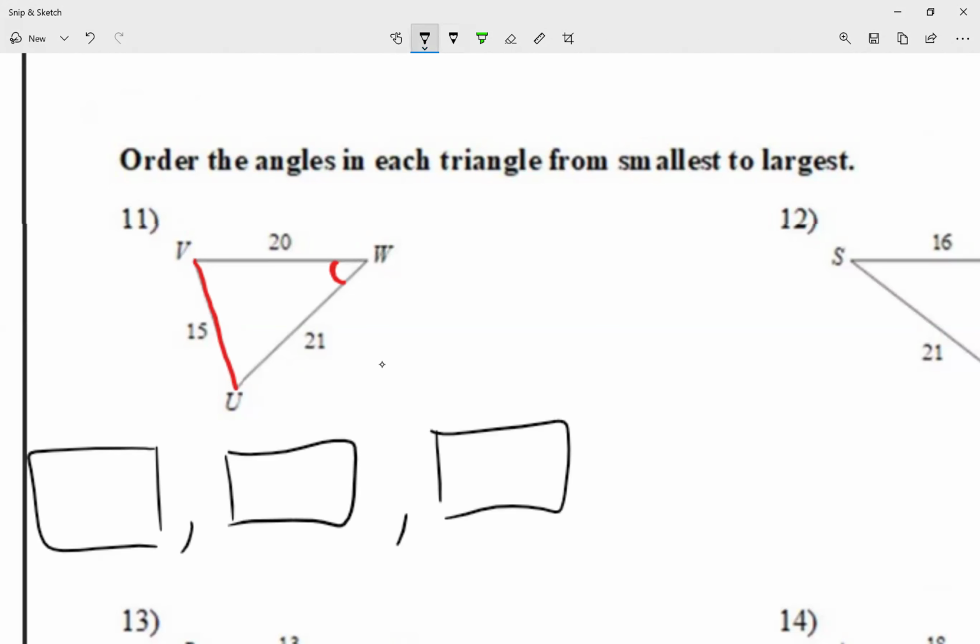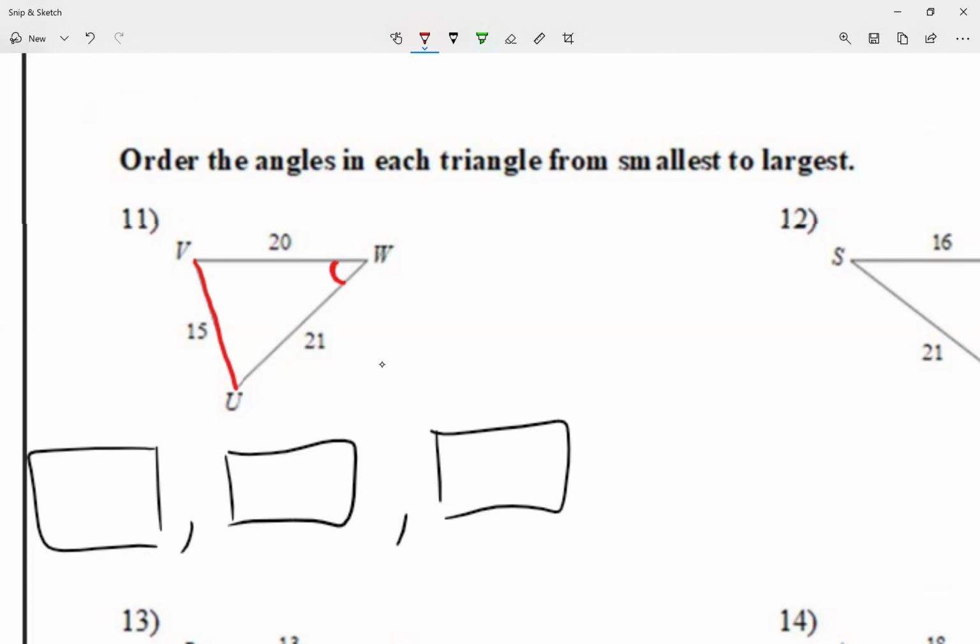I need to label the three angles. Now, one thing, yesterday we talked about sides. I used two letters for a side. Now for an angle, in this case, I'm gonna use all three letters that make the triangle, but because I'm talking about this corner here, I'm gonna leave W in the center.